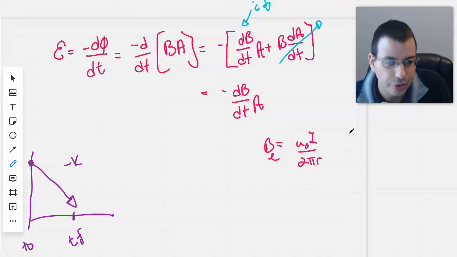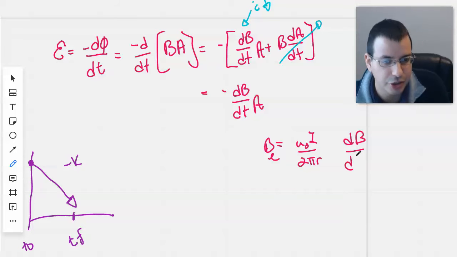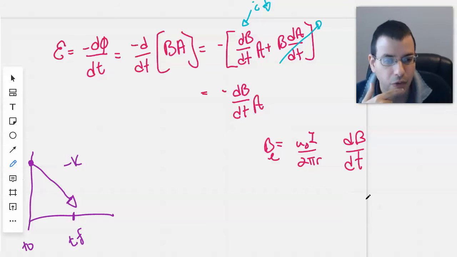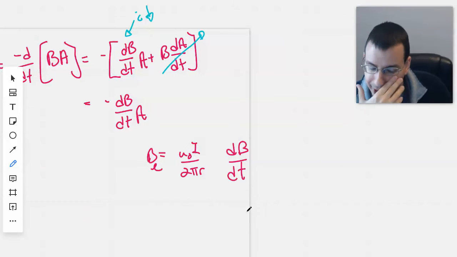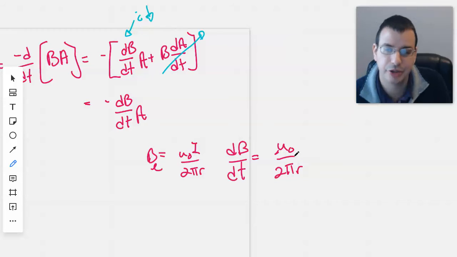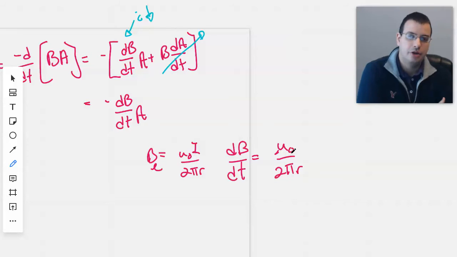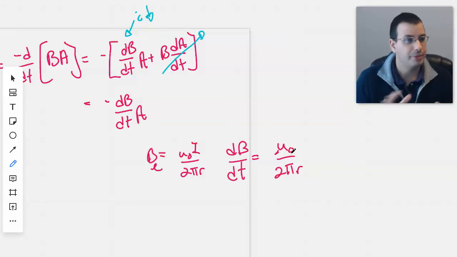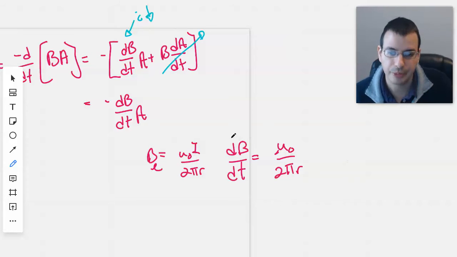And so if we do dB/dt, the reason I want to find dB/dt is because up here we need it. So the magnetic field of a line will be, so mu naught and 2 pi r will be constant because they're time independent. But I will change. It will be di/dt.